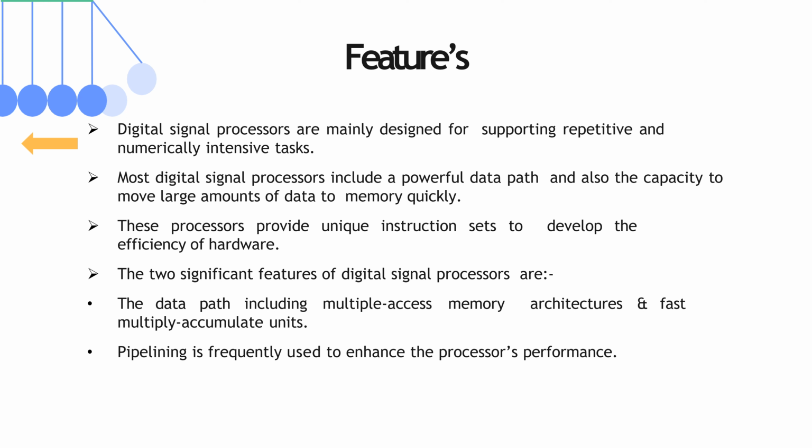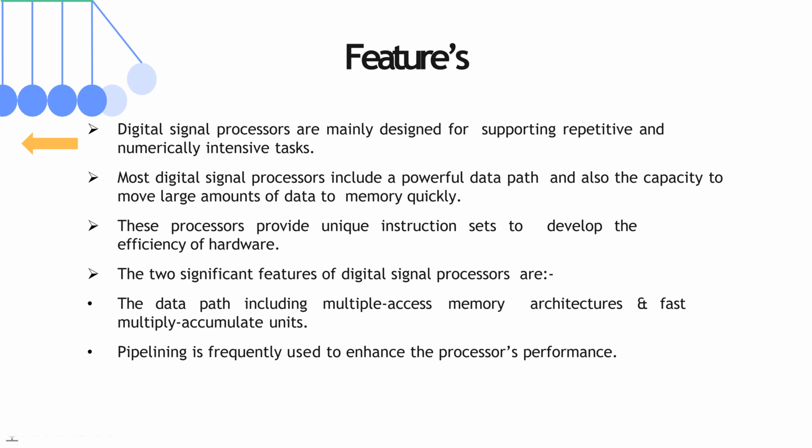So now we will see the features of digital signal processors. The first feature is as follows. Digital signal processors are mainly designed for supporting repetitive and numerically intensive tasks. Most digital signal processors include a powerful data path and also the capacity to move large amounts of data to memory at a great speed.